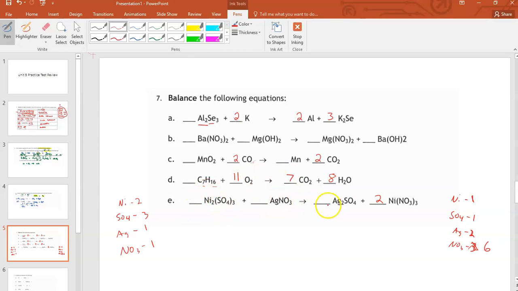We've got 3 sulfates over here, so I'm going to have a 3 here to even that out. Right? Which now makes that 6 silvers on this side. So we got 2 nickels, 3 sulfates, 2 nickels, 3 sulfates, 6 silver, 1 silver, 6 nitrate, 1 nitrate. I gotta throw a 6 right there, and that takes care of balancing.